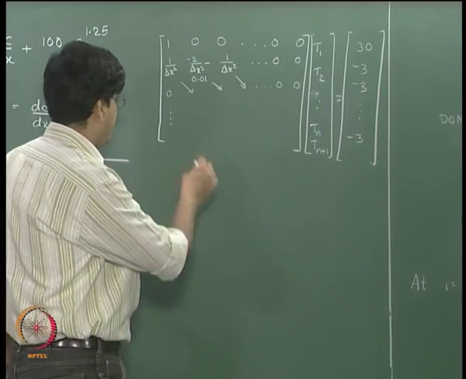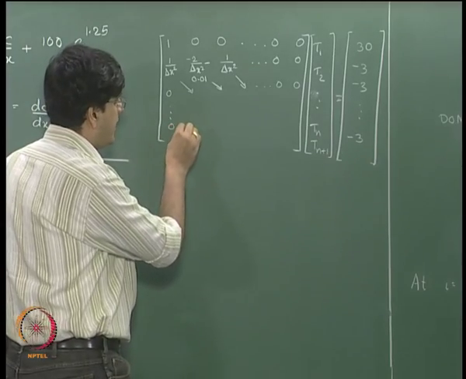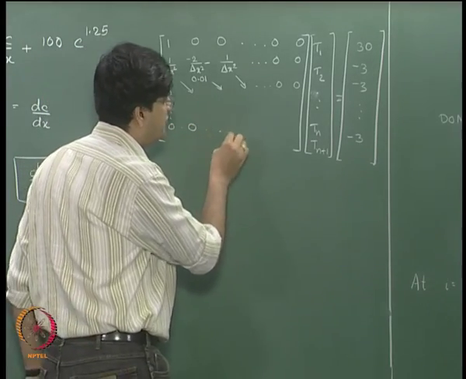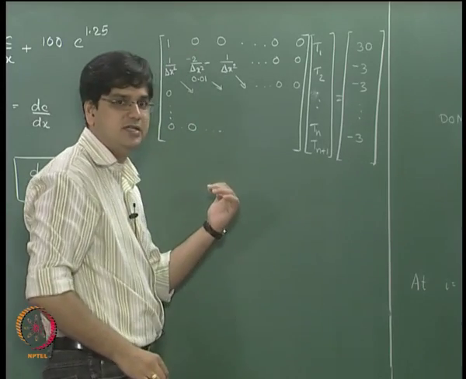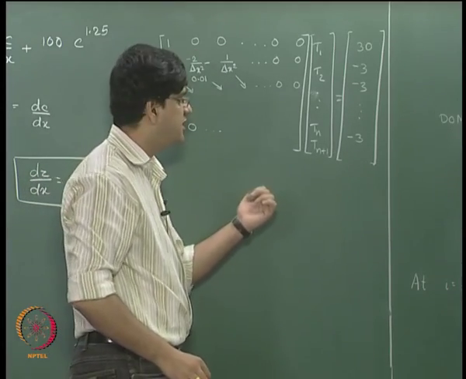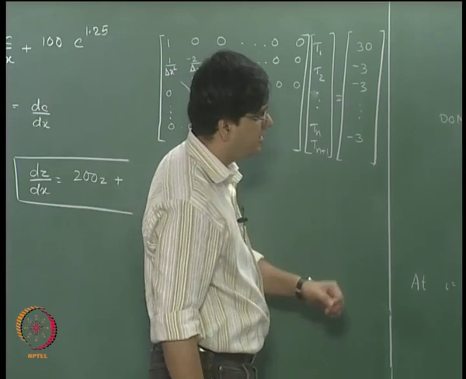So, what is going to happen in the row n is that we are going to have zeros initially and we will have non-zero terms for Tn minus 1, for Tn and for Tn plus 1.